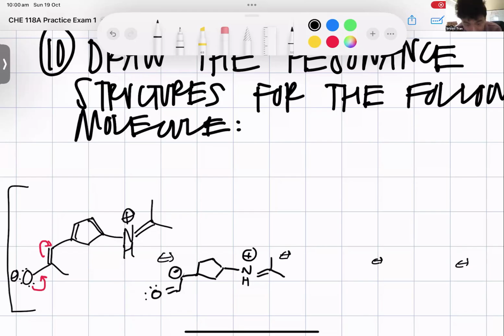Okay, I think I got it. Right, and then don't forget the double bonds in the ring. That is very important, because if the double bonds were not there, that would stop the resonance structures, right? I know. And then I would move this from the negative to over here.